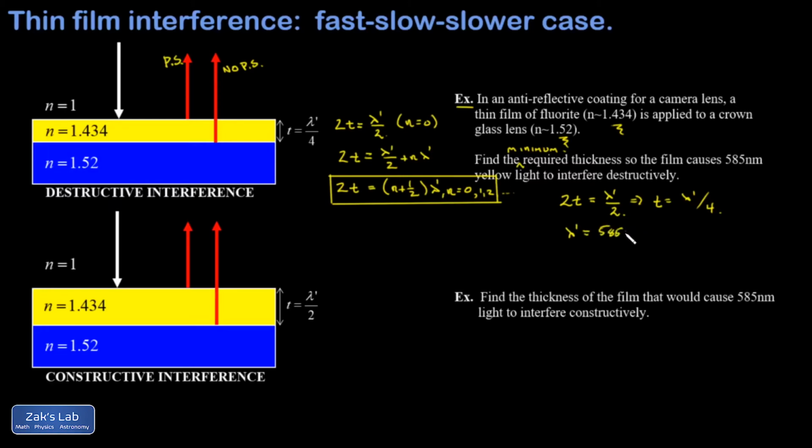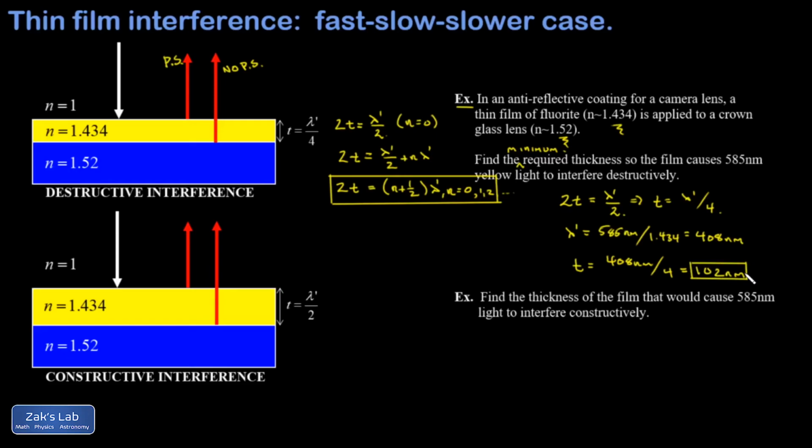So 585 nanometers divided by 1.434 for the index of refraction. To 3 sig figs, I get 408 nanometers for the wavelength of the light. So I can plug in and find my minimum thickness, 408 nanometers over 4, which gives me a thickness of 102 nanometers for this anti-reflective coating.